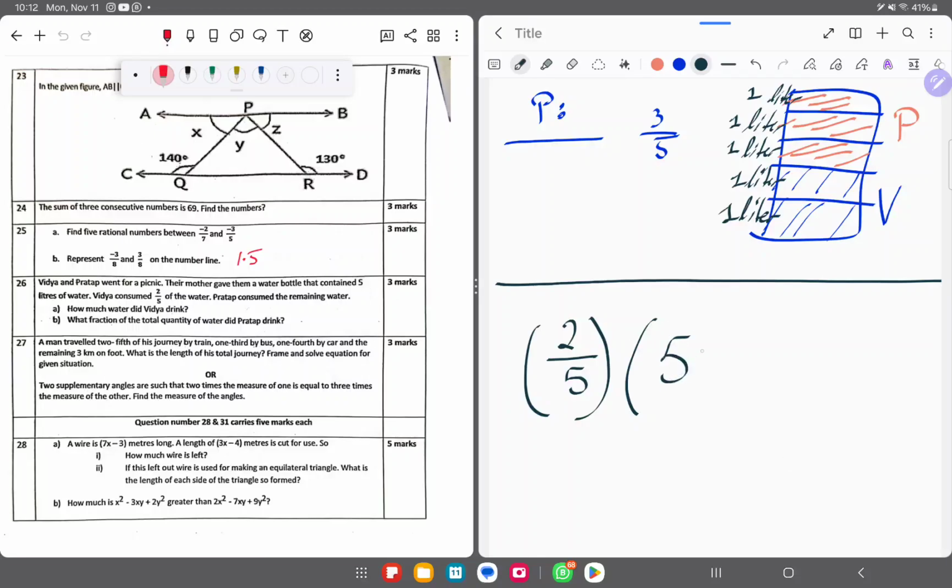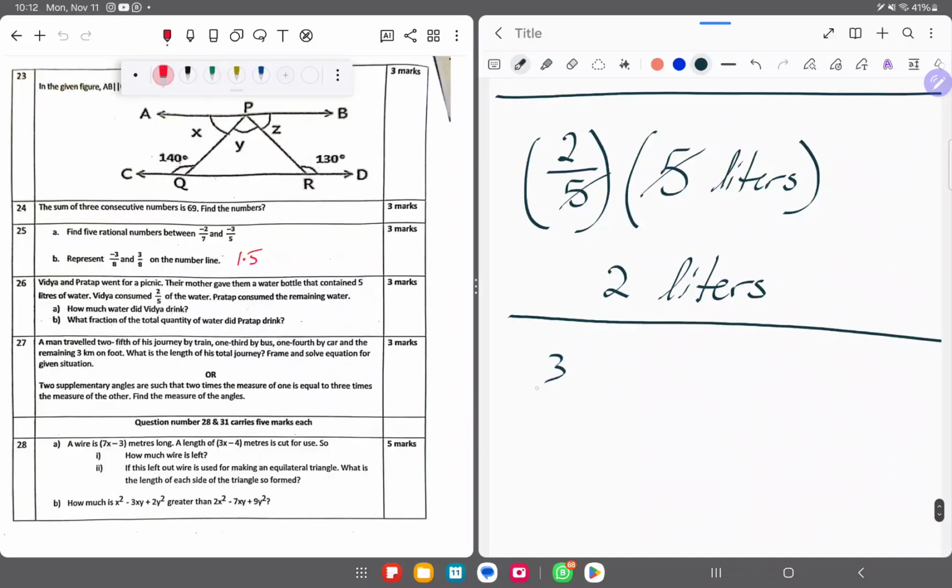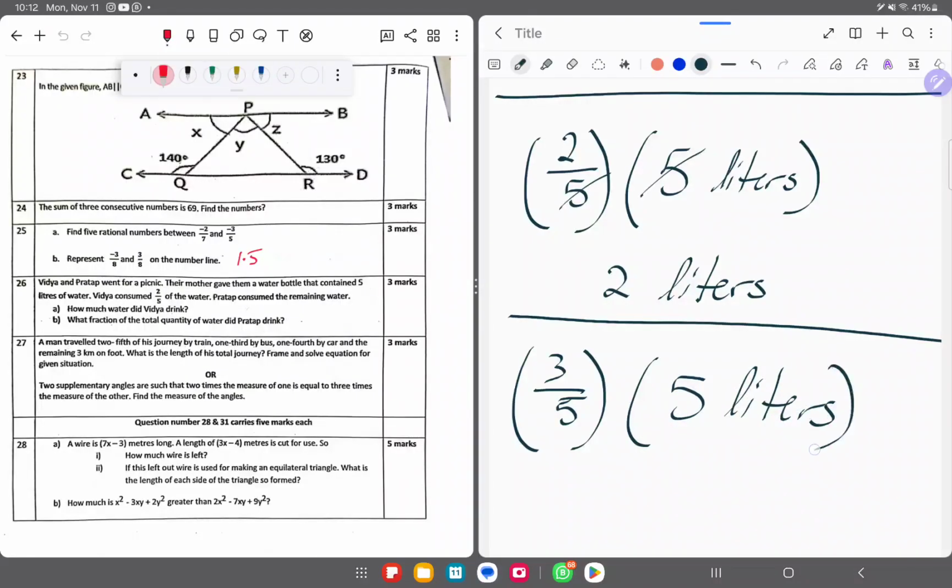What is the water? It's 5 liters of water. So 5 and 5 will go out, and I will be left with 2 liters. Same thing over here. 3/5 is the ratio, and then I'm multiplying it with 5 liters, so I am left with 3 liters.